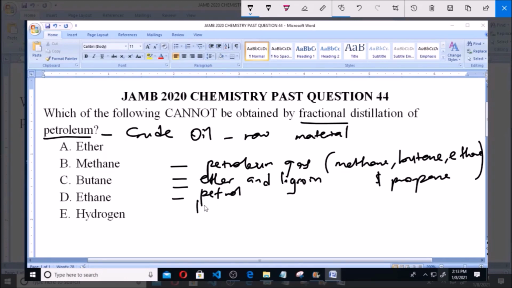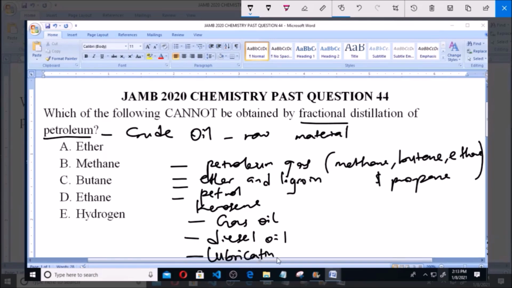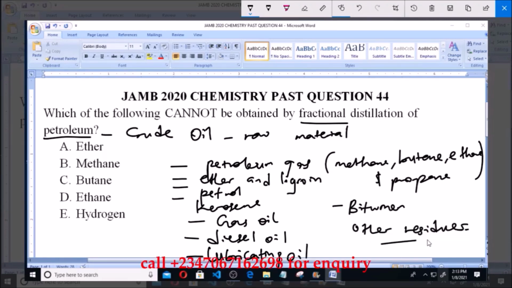Then we have kerosene, gas oil, the diesel oil, lubricating oil, bitumen, and other residues.